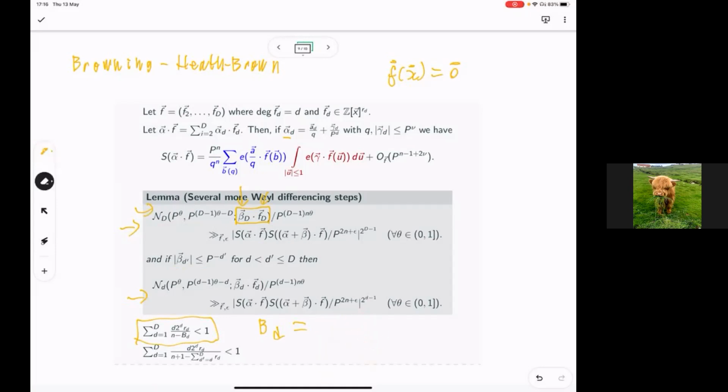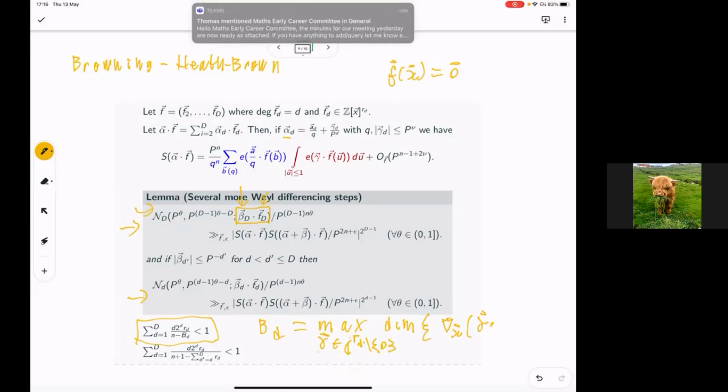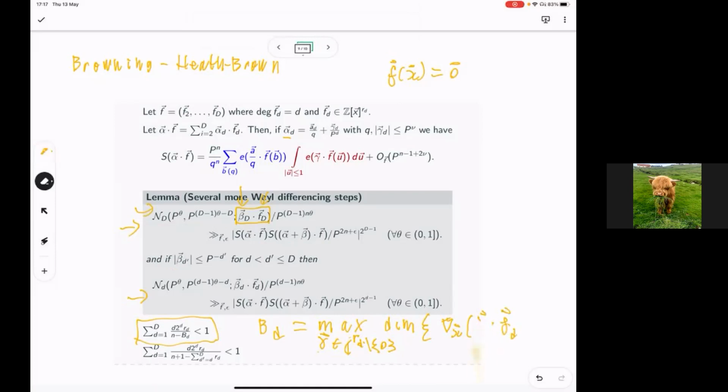So this is the maximal dimension, as, let's say gamma, excuse me, runs over C to the r without 0, of the dimension of the singular locus of the linear combination with complex coefficients of the degree little d part.